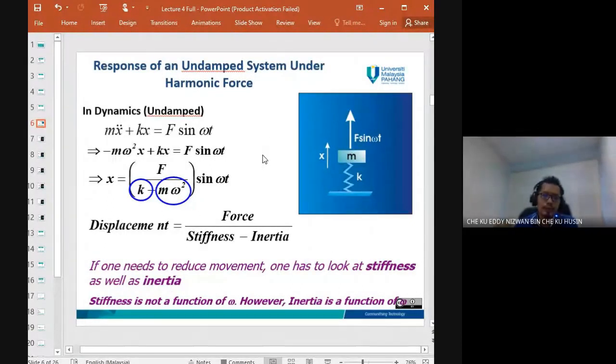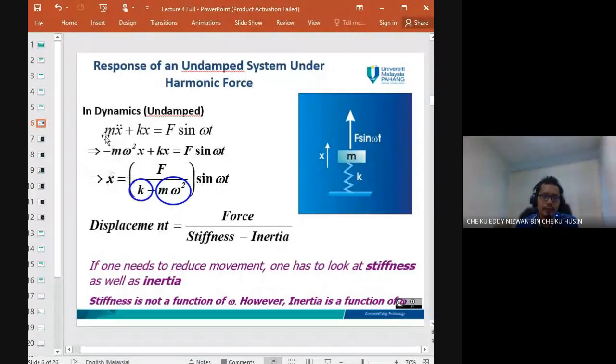Okay, so now we know that we consider the motion also harmonic, so x equals A sine omega t. Under this excitation, we know that if we induce 10 hertz, the response should also be 10 hertz. That's the dynamics.